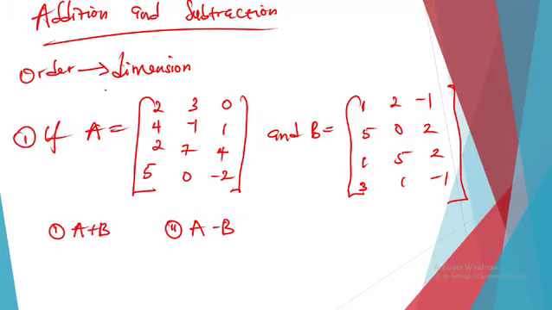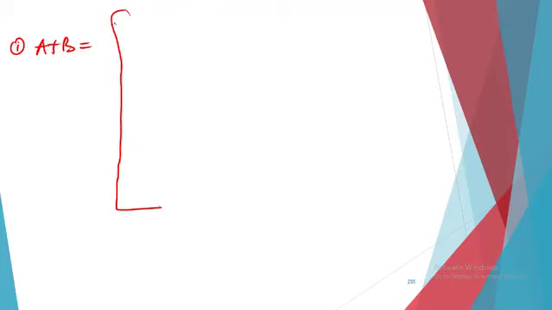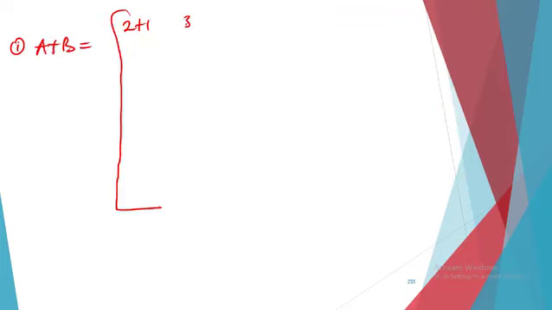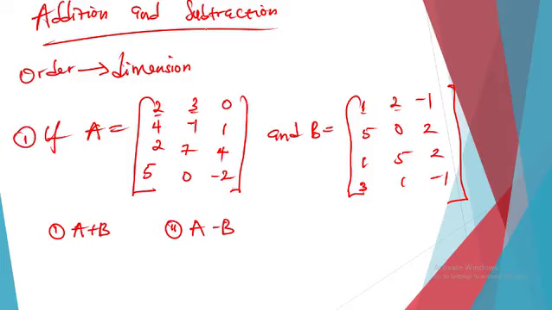It will be 2 plus 1, then 3 plus 2. We have 0 here plus minus 1.